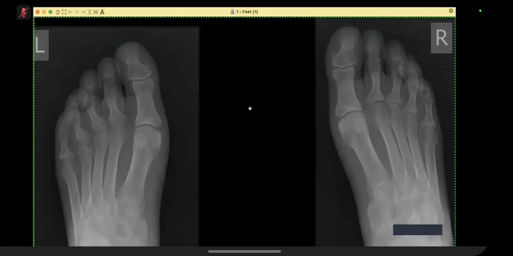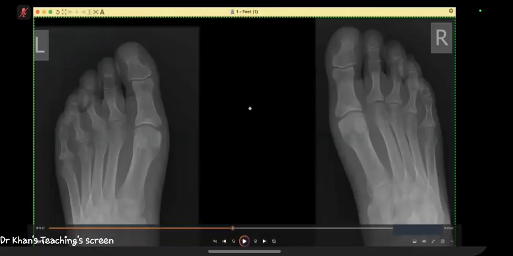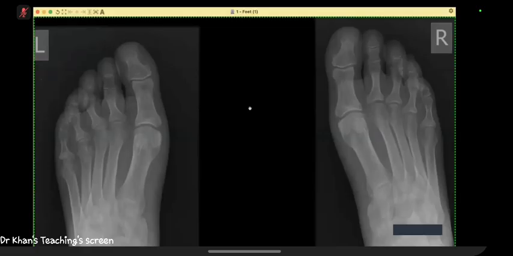Now I'm searching the other joints for any associated abnormality. The main affection of the joints is more on the left side, the lateral four metatarsophalangeal joints, and on the right side the affected joint is the right fifth metatarsophalangeal joint.